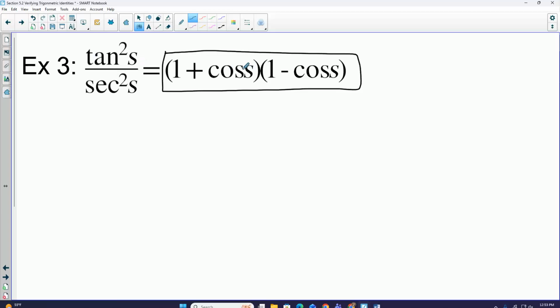You can box in the left and try to work to that point as well. If I box this in, looking at it, I want cosines. So let's start, what could I change tangent to, knowing that I'm trying to get cosines? Okay, what could I change secant to? How do you divide fractions?